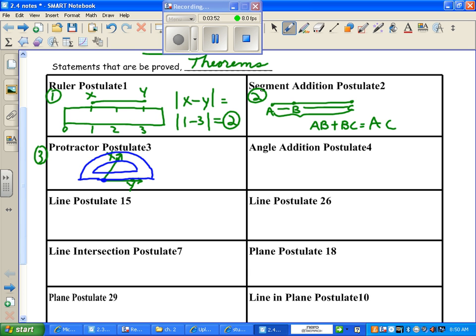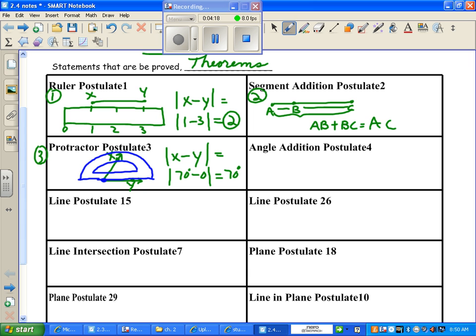What you have then is the angle measure that's associated with X. You can subtract that from the angle measurement that's associated with Y, and then you have your angle measure. So if X was 70 degrees and Y was matched up with 0 degrees, then you have an angle measure of 70 degrees.